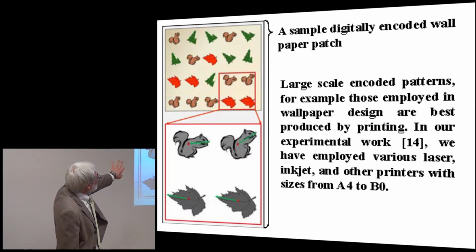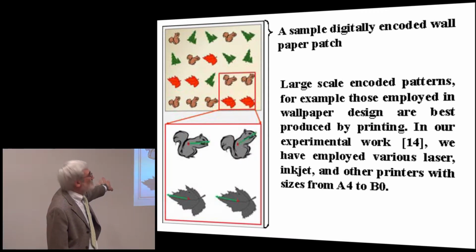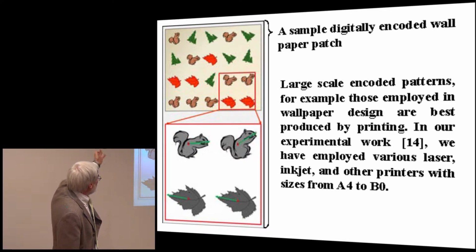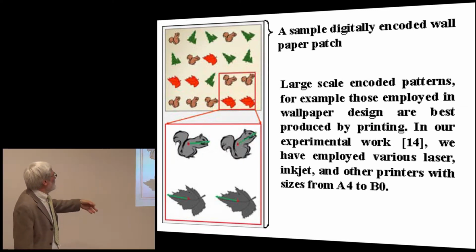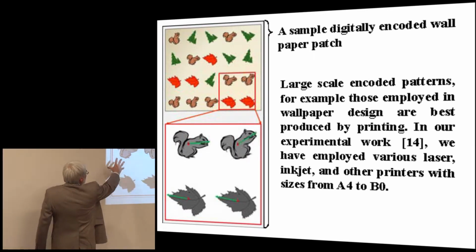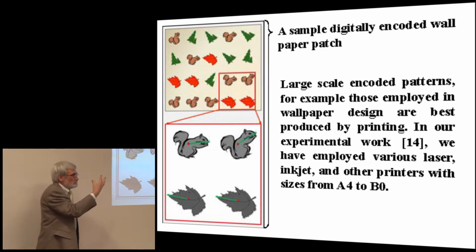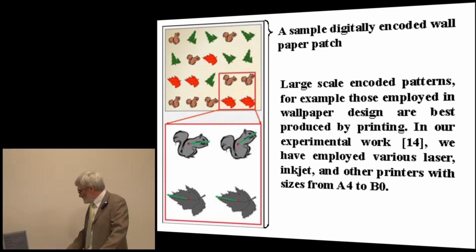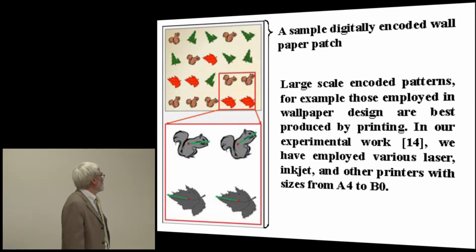Encoding is based on orientations. So this is a very rough and artificial example, but by slightly rotating the objects, you can encode some digital information, and based on that, you can extract absolute positions and orientation.